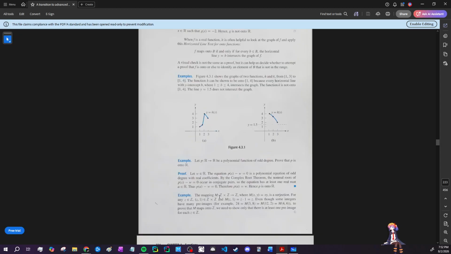Okay, so there's one here where it said mapping, where M is the set of the Cartesian product of integers.